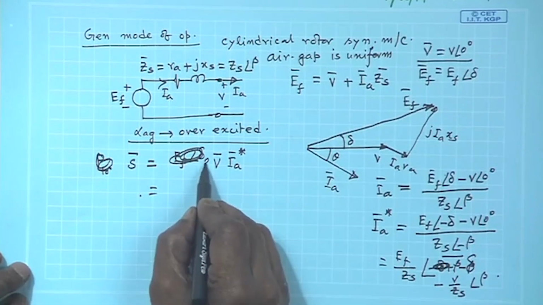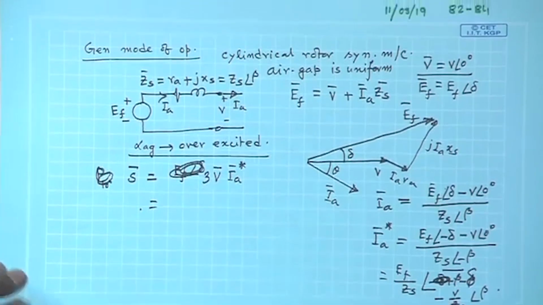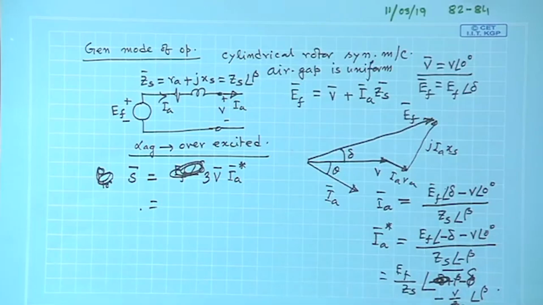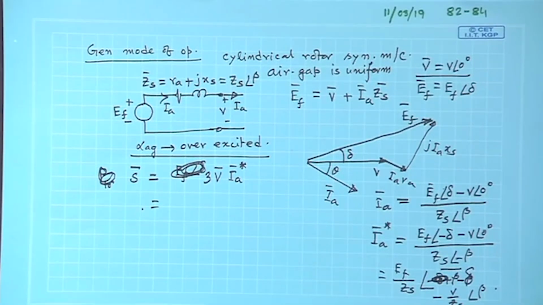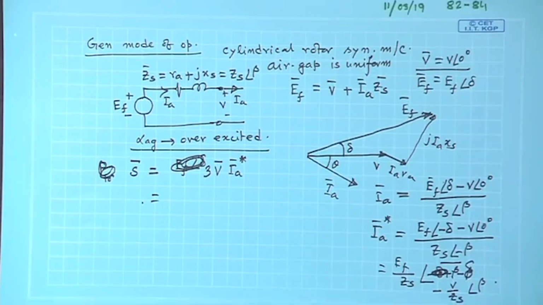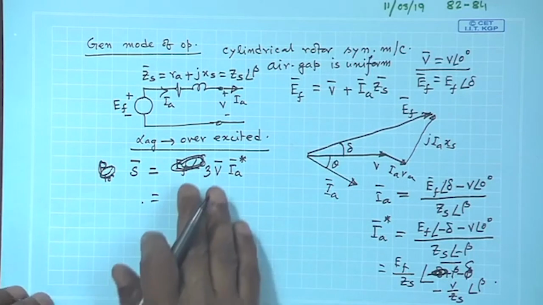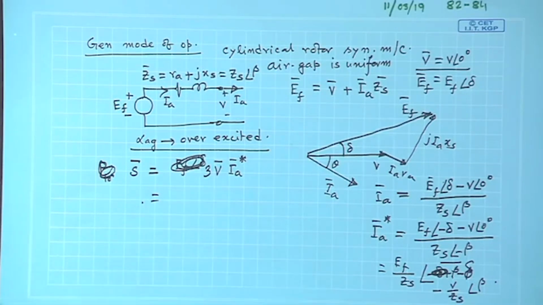So, I have substituted this here, then total power will be 3 times this, and we get an expression of the complex power delivered to the load. If both the terms become positive, that means it is delivering real kilowatt, which in case of generator it has to be always positive, the real part, and imaginary part, if it is positive, it means it is delivering a lagging power factor load.